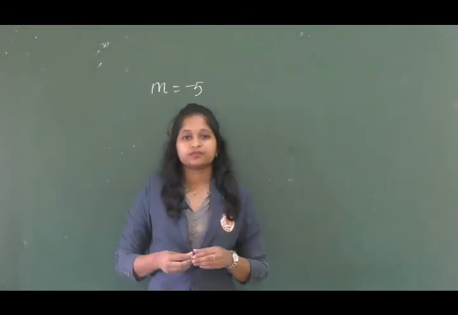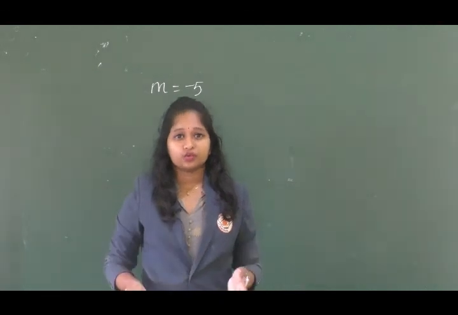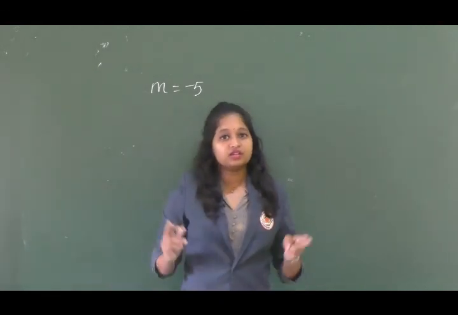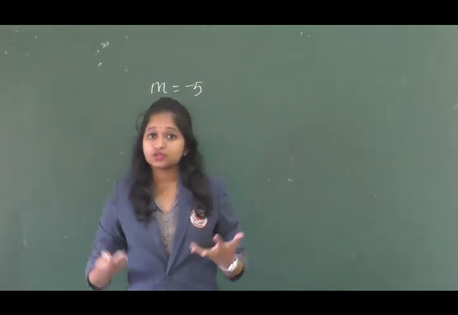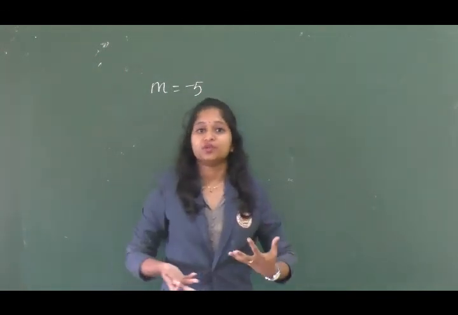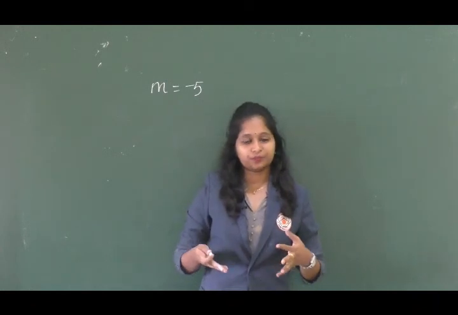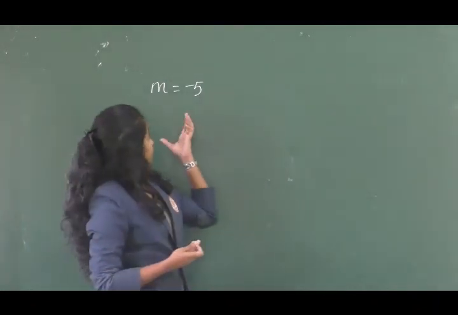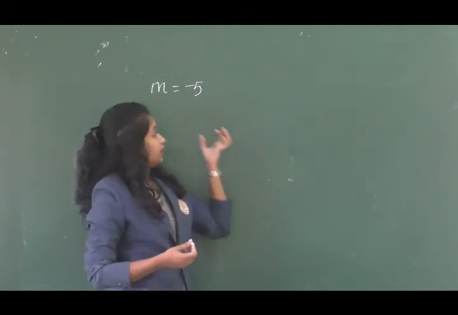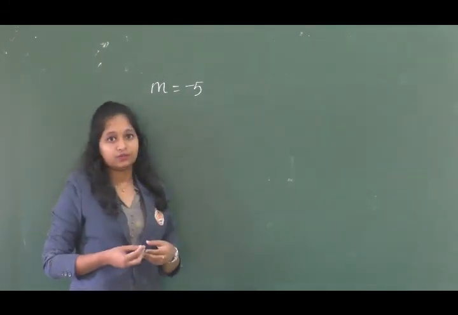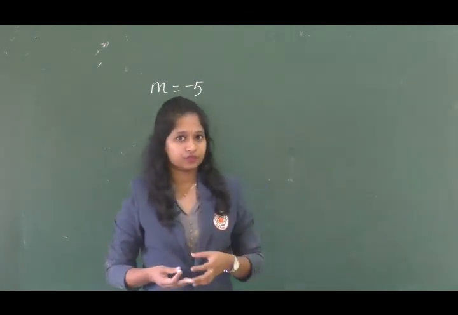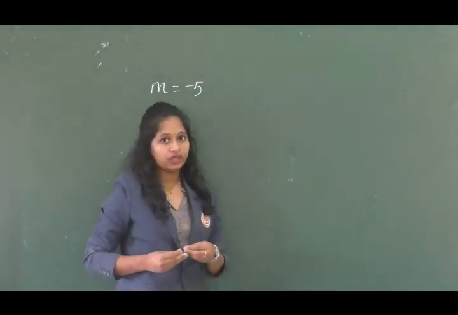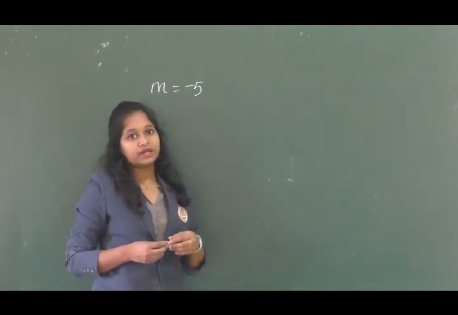Got it? So children, for an equation there is only one solution, but for one solution we can form so many equations. Okay, so here I have one solution, that is m equal to minus 5. This is one question from your textbook exercise problem. Okay, m equal to minus 5.